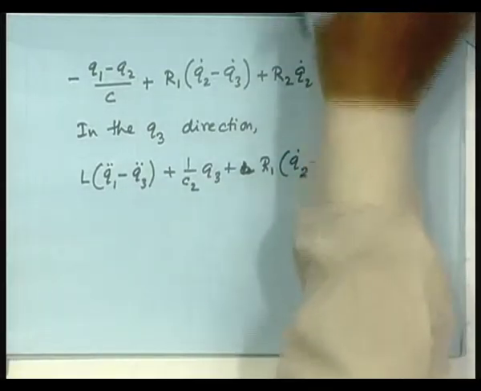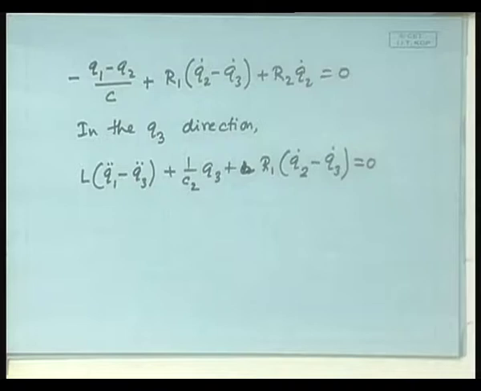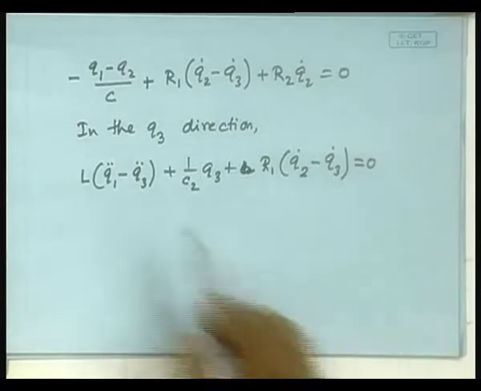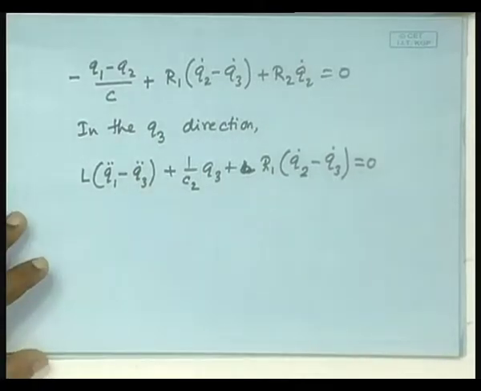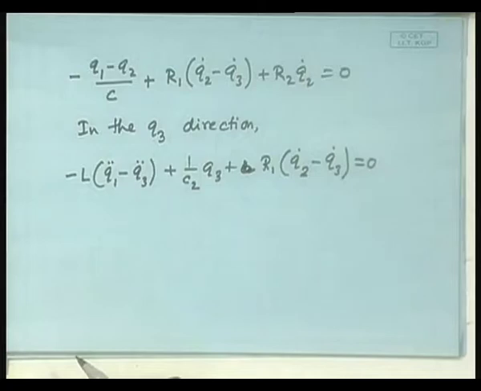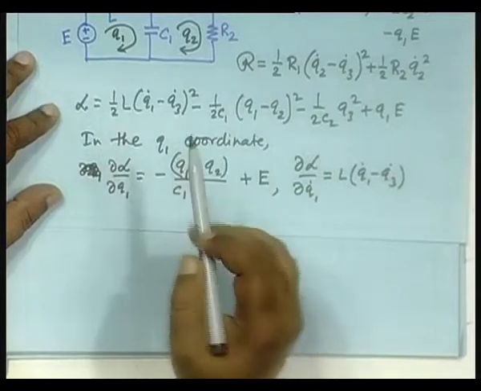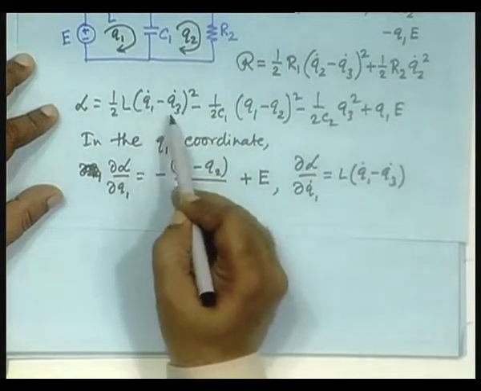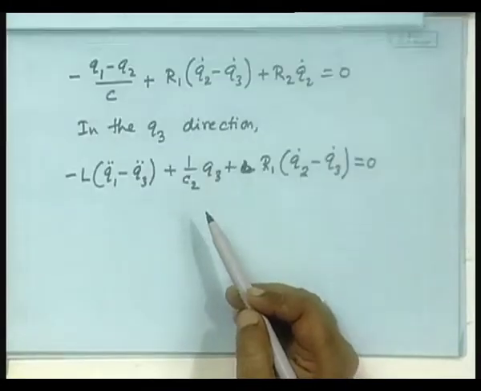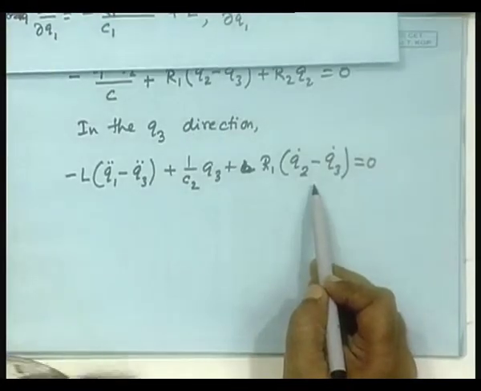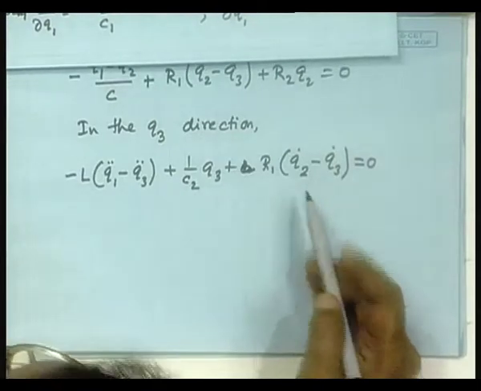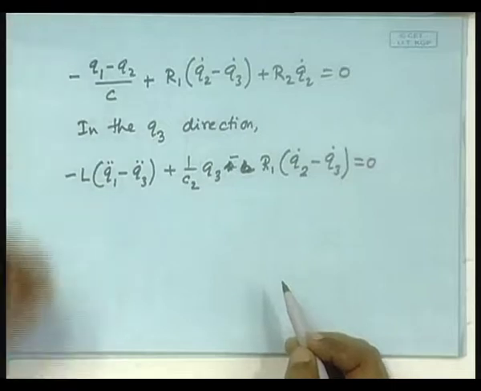So the three equations are this, and there is a sign. There will be a minus sign, where in the Q3 direction, it will be minus L (Q1 double dot minus Q3 double dot). Since you are differentiating this, there will be a minus term here, and the third term will also, yes, minus.